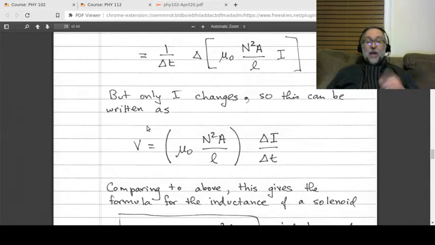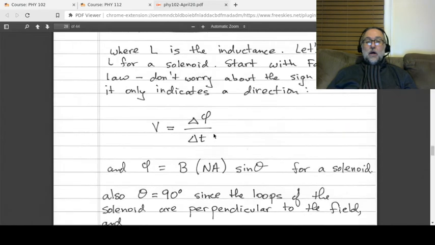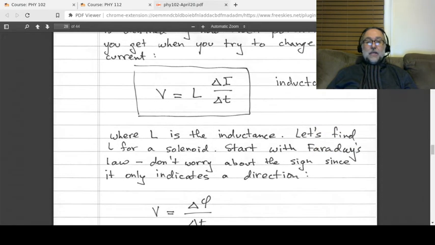For the solenoid, we actually have the relationship between the rate at which I changes and the induced V, and it's this quantity here. Now if you look at this equation and you look at the definition of what inductance is, think of this as the definition.